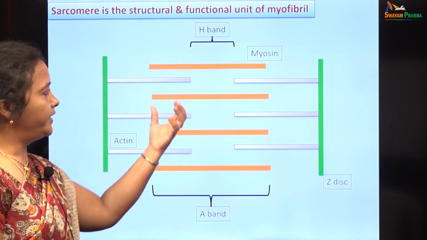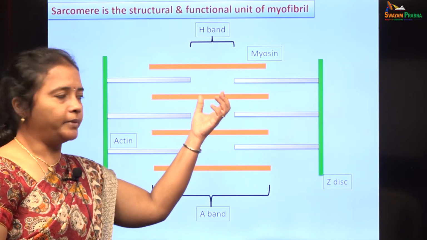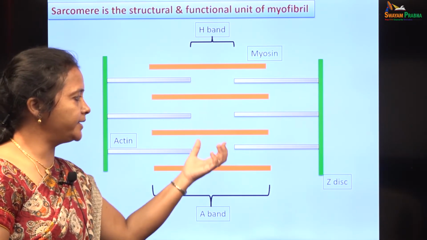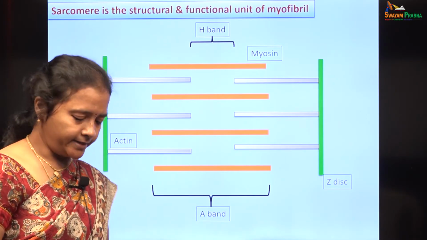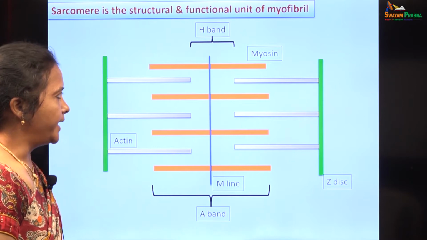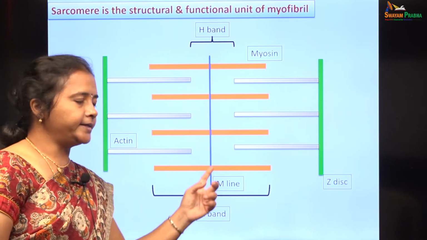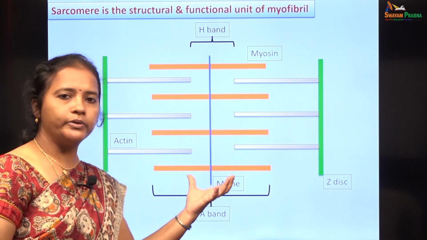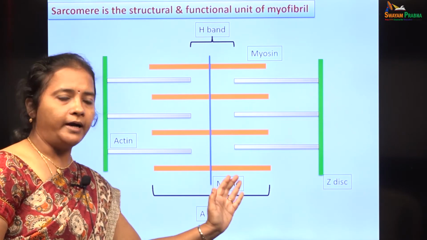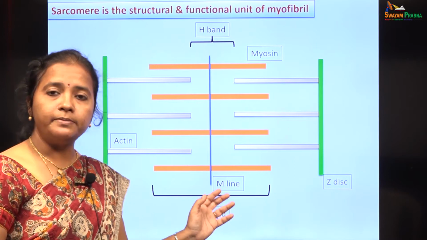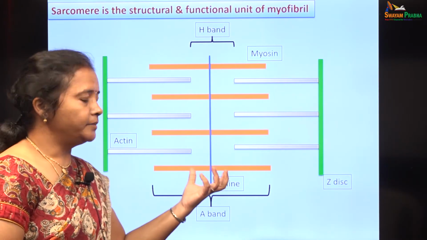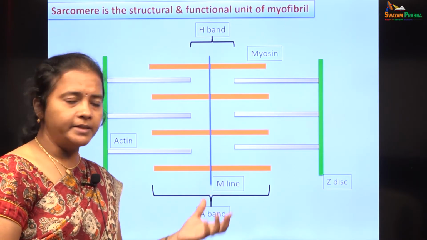Where there is no actin myosin overlap, so only where the thicker filaments alone are present, that is called the H band in the sarcomere, and the M line is the one which is bisecting the myosin into two halves, and this M line contains many proteins which are responsible for anchoring the myosin or the thicker filaments together.